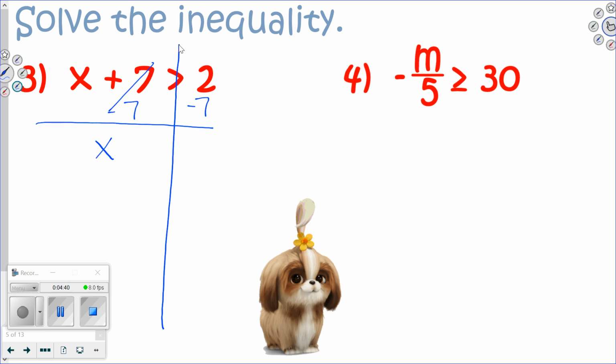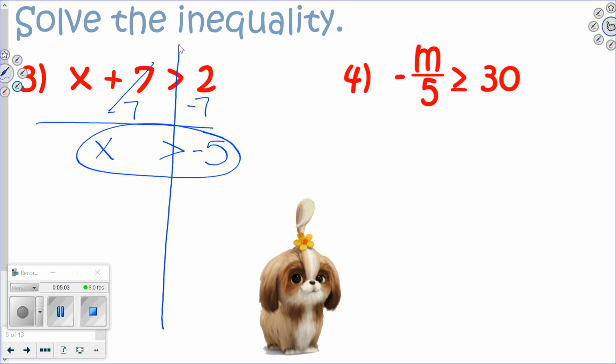Good. Multiply or divide by a negative, you flip it. I just subtracted. That's okay. 2 minus 7 is -5. So x is greater than -5. Then if I ask you what's an answer, you pick any number greater than -5, and it would be fine. So you're good.